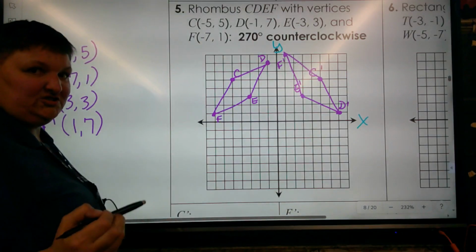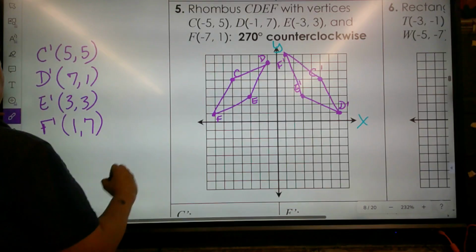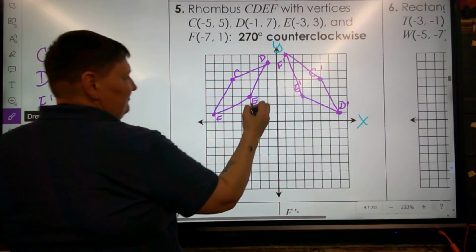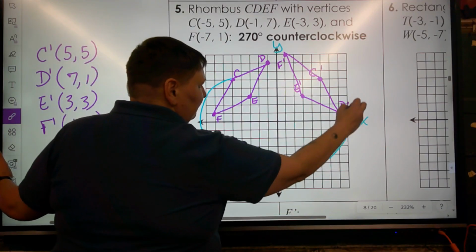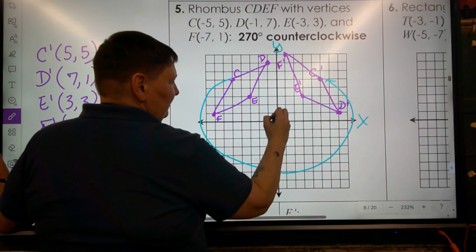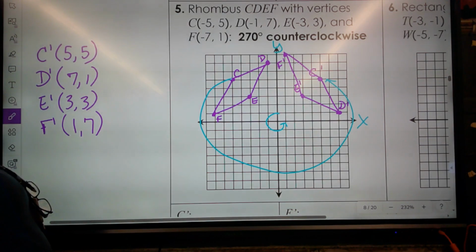Same shape, rigid transformation. We didn't change the size of the shape. We just rotated it 270 degrees around the origin. Right? We went counterclockwise around the origin.